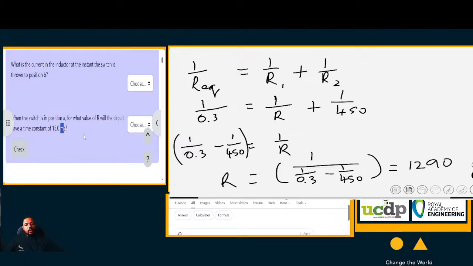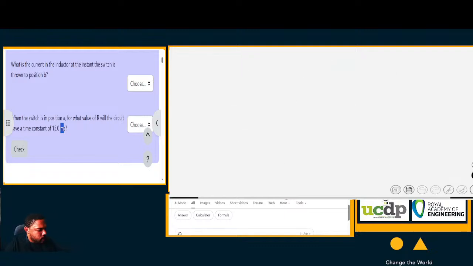I didn't think they have a symbol for micro, but this should not be milli, it should be micro. What's my formula again?